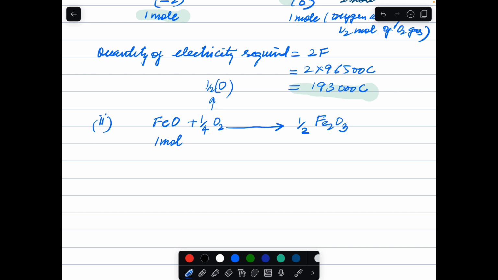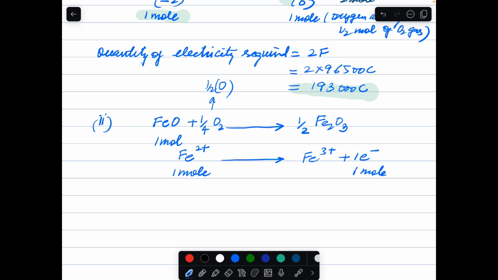So how is the oxidation process taking place? Your iron from +2 oxidation state is converting into +3 oxidation state by the loss of 1 electron. So if we have 1 mole of Fe2+, we will require 1 mole of electrons. Why?